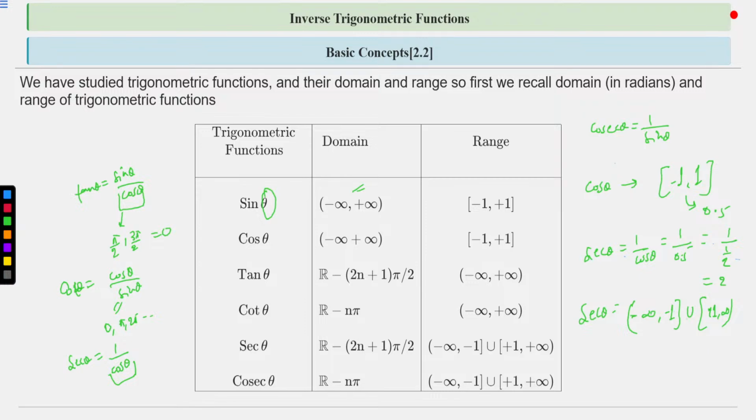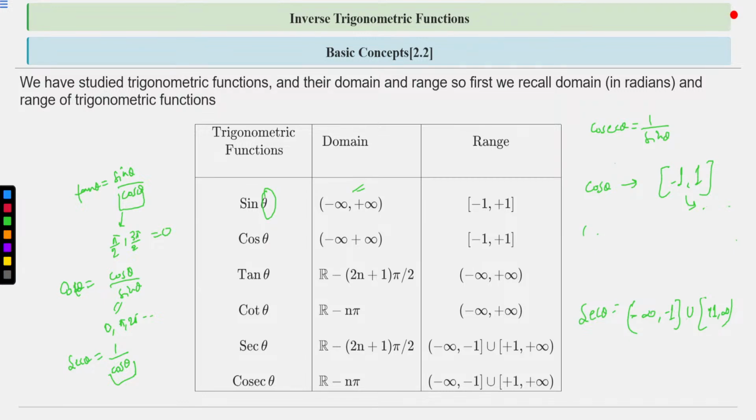Also, you can write it in this way. The range of cos theta is minus 1 to 1, right?